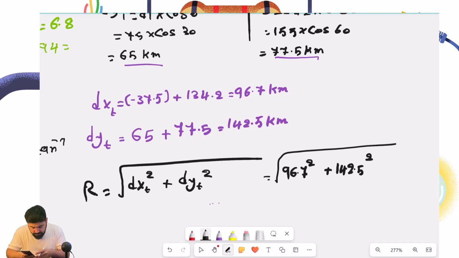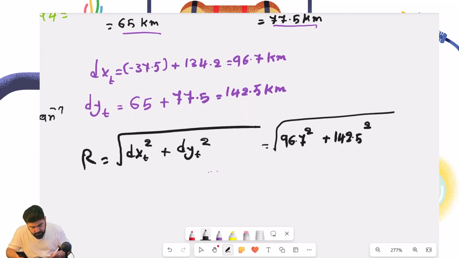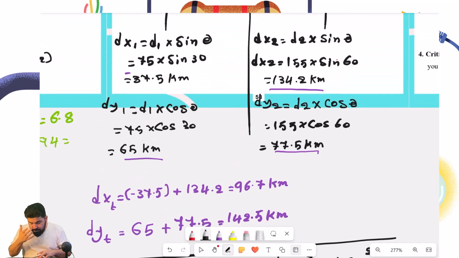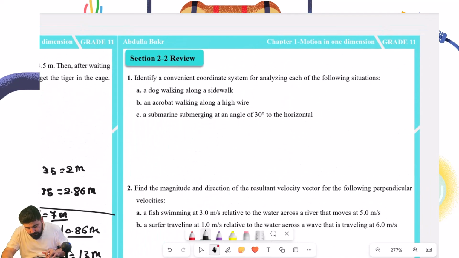Let's calculate this. The resultant or total displacement is equal to 172.2 kilometers. Now, guys, you can calculate the angle also, but the question doesn't talk about any angles.